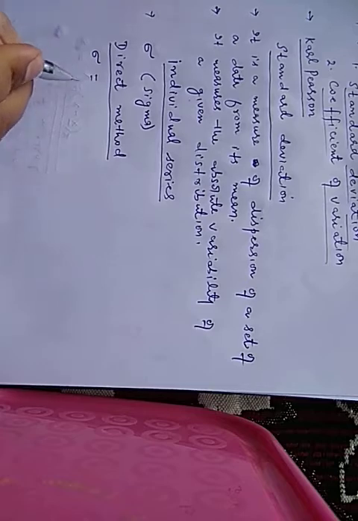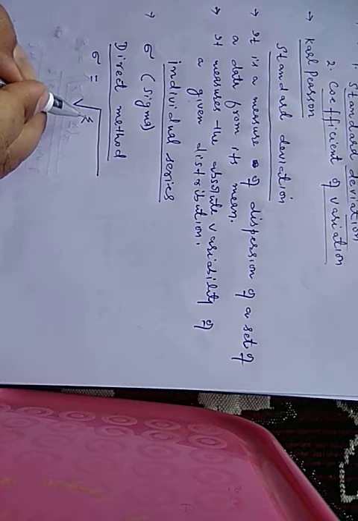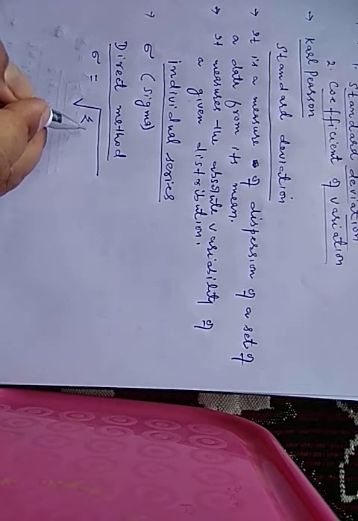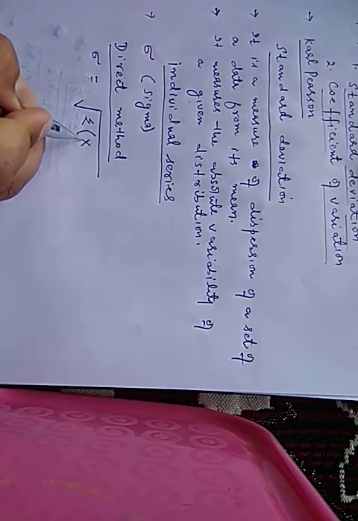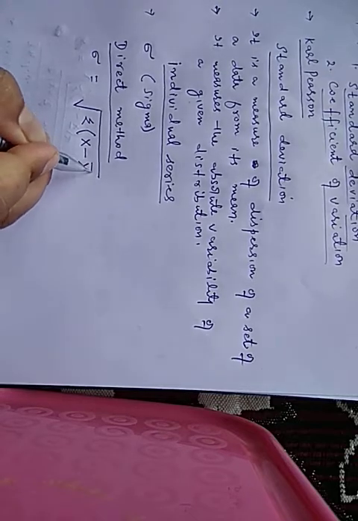In direct method, we get the value of standard deviation by applying this formula. Under root of sigma, here the sigma means summation of the values x minus x bar whole square, where x is any variable having different values, divided by n.